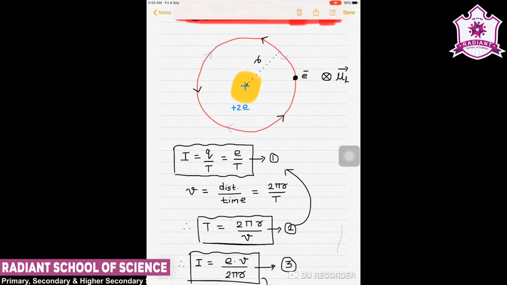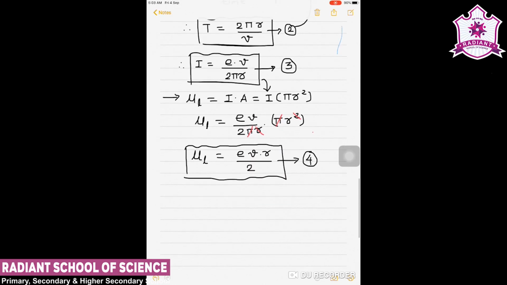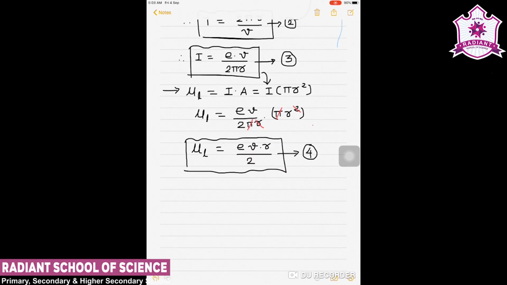Now if we move further, we can also have one special arrangement for angular momentum. Angular momentum is defined as m e v r. So v and r are there, and we need to add the mass of the electron.